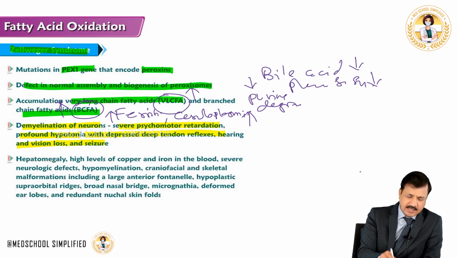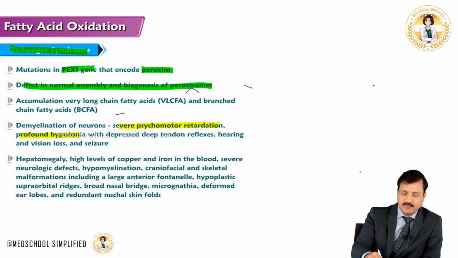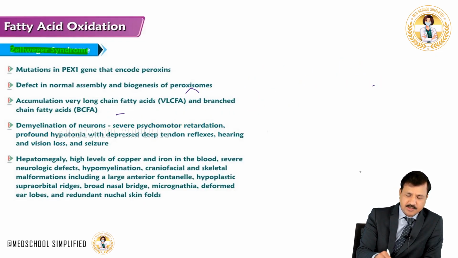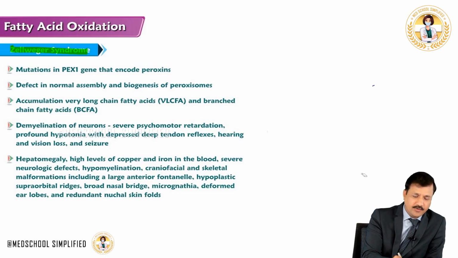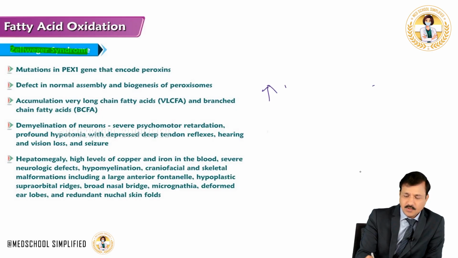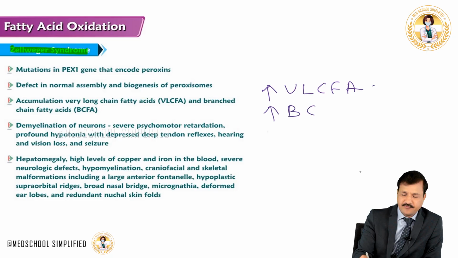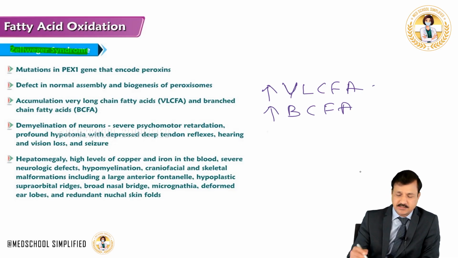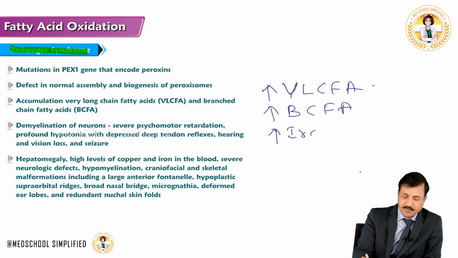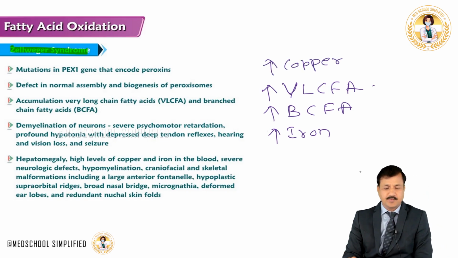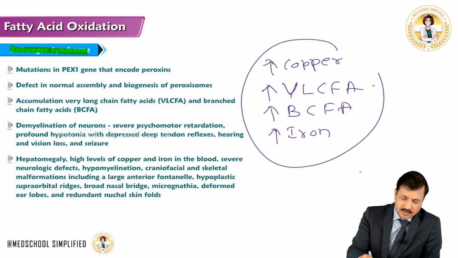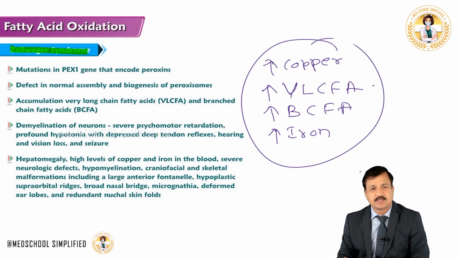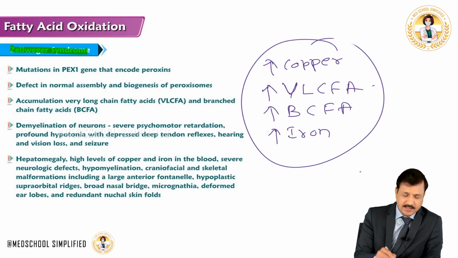Along with the neurological signs, the laboratory signs will help in the diagnosis process, and that is, we need to look for an increase in VLCFA levels, an increase in BCFA levels, that is an increase in very long chain fatty acids, an increase in branched chain fatty acids, an increase in iron, and an increase in copper levels. Look for these things along with the neurological signs, and that will help in the diagnosis.